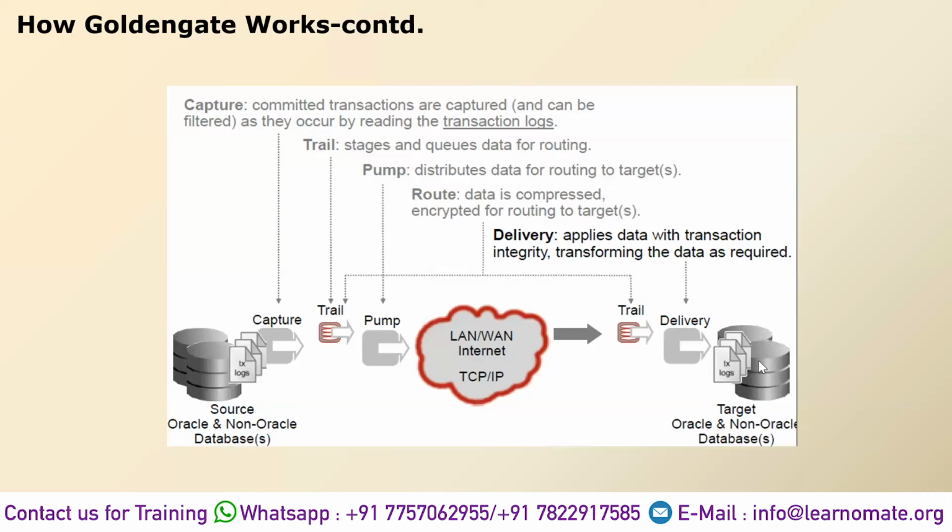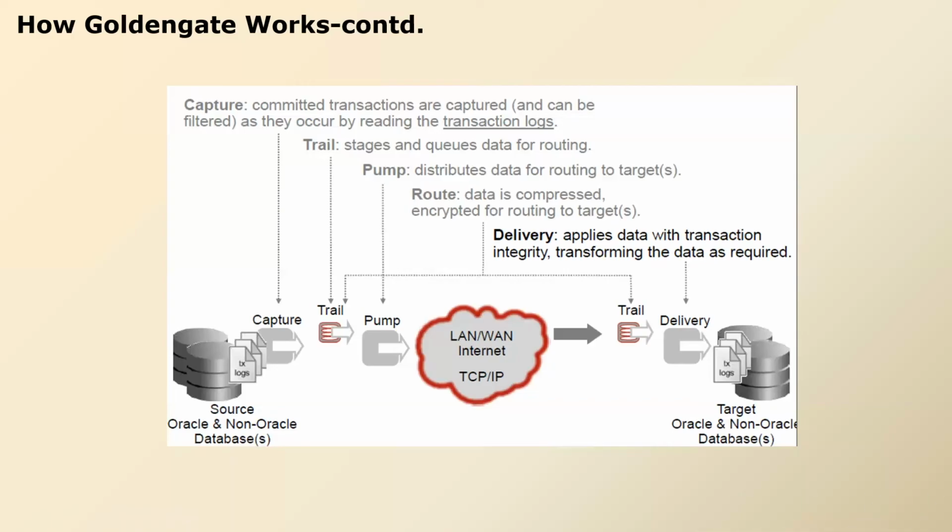So only once the transaction gets committed does it get applied on the target. GoldenGate applies the transactions in commit sequence number order. The transaction which gets committed first gets applied on the target database first. This is how GoldenGate ensures transactional data integrity.